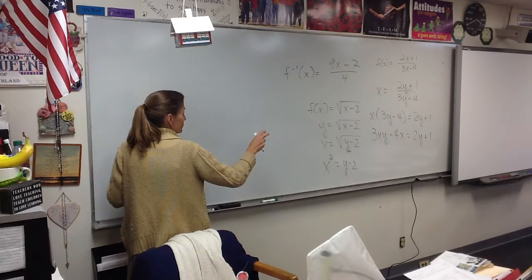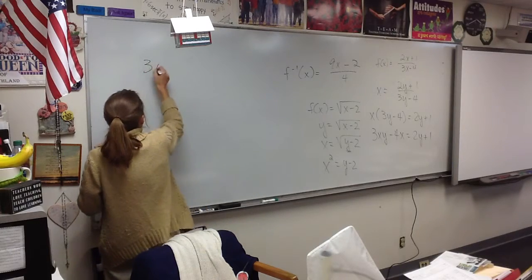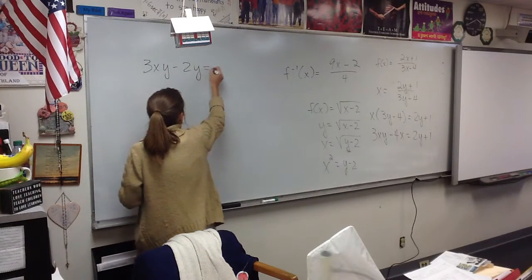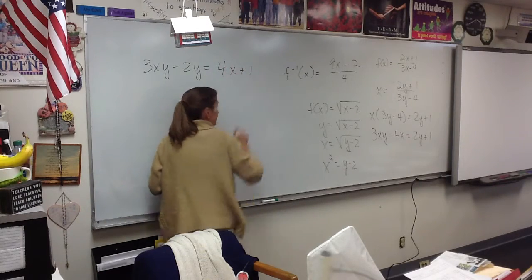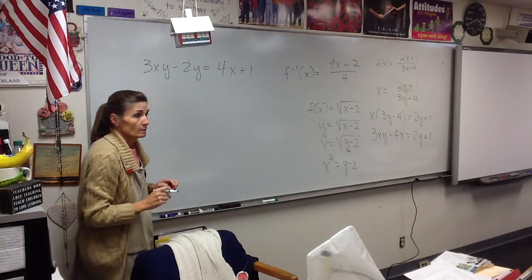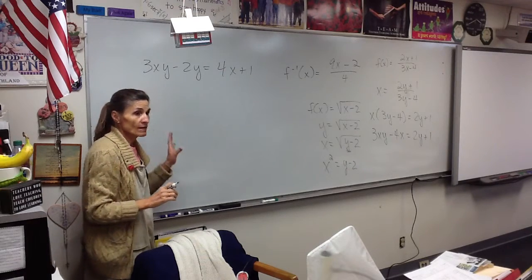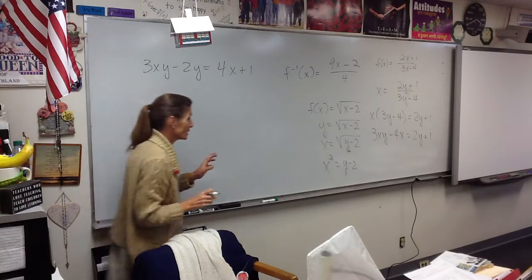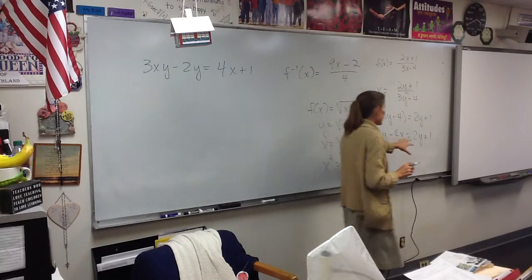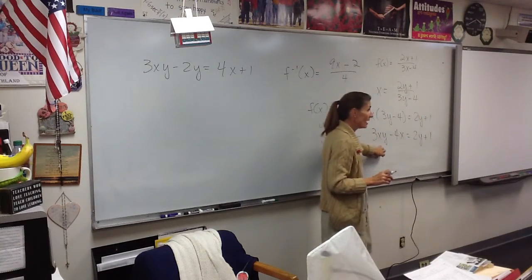I'm going to subtract the 2y, and I'm going to add the 4x. Now that's not hard, that's rearranging. I'm moving things around. And how am I moving things around? If you have a y, you're coming to the left.